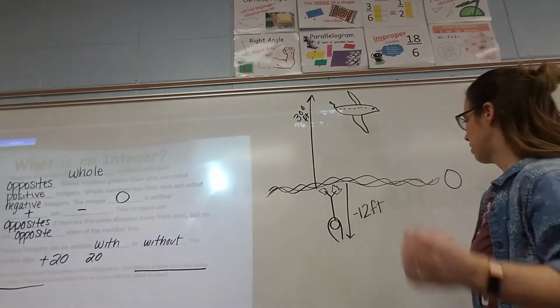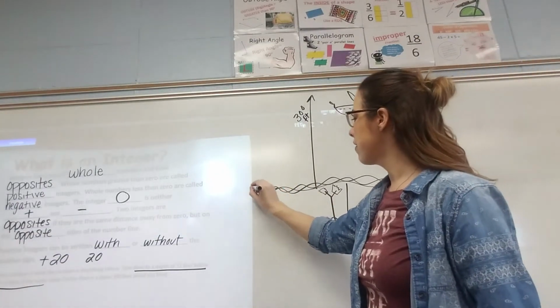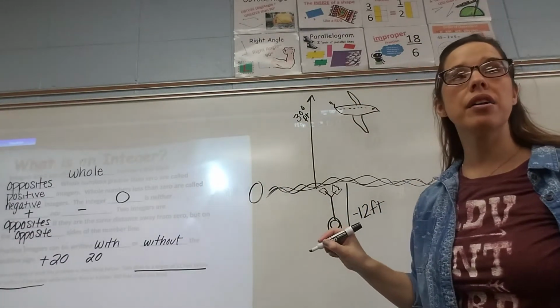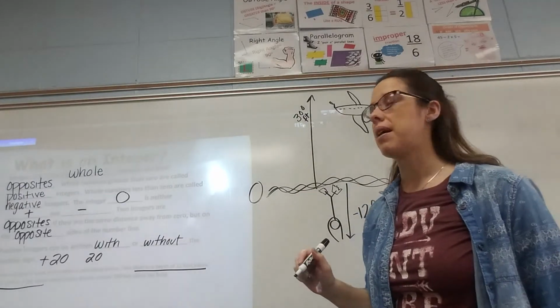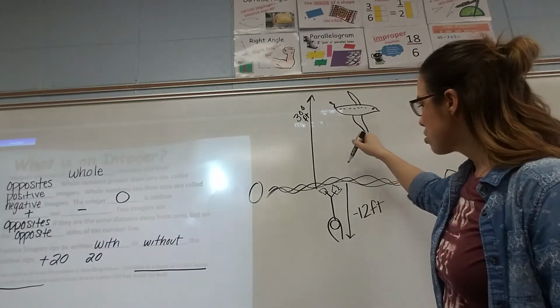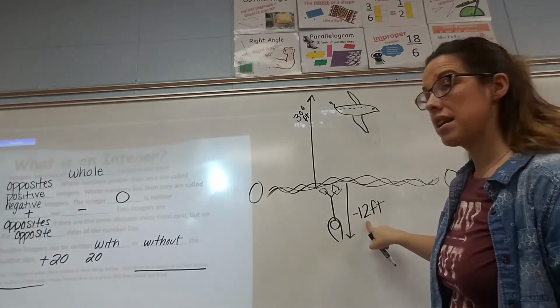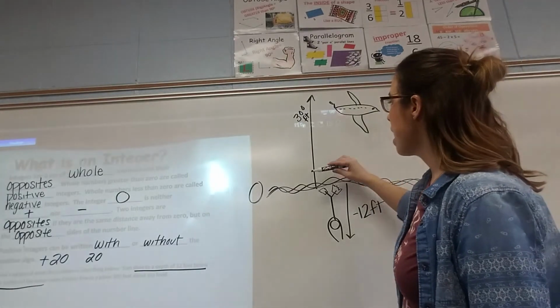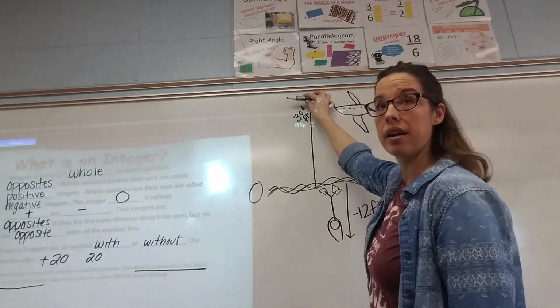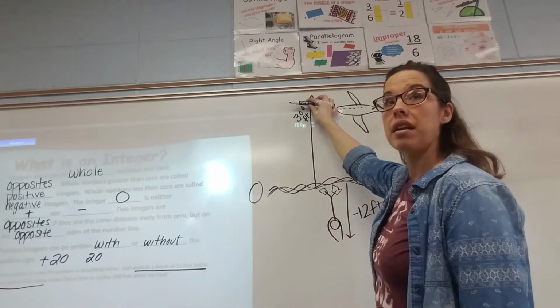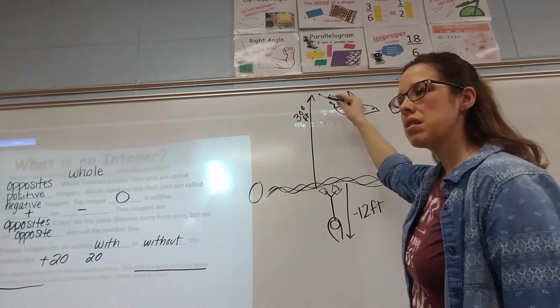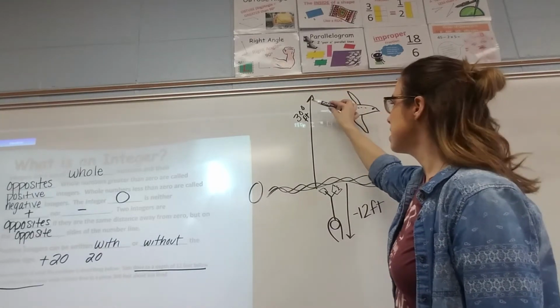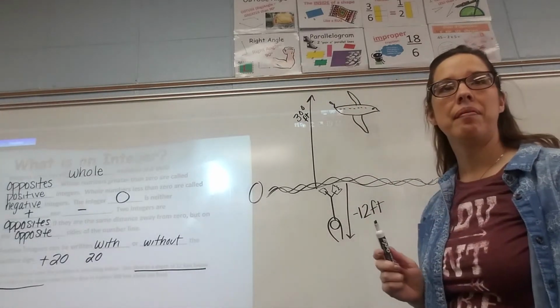0. So sea level or the surface of the water is represented by the integer 0. And if he dove 12 feet below the surface, it's negative 12. If she's flying 300 feet above the surface of the water, it's positive 300. Now, to take this one step further, what's the distance between Christy and Sam? 312.